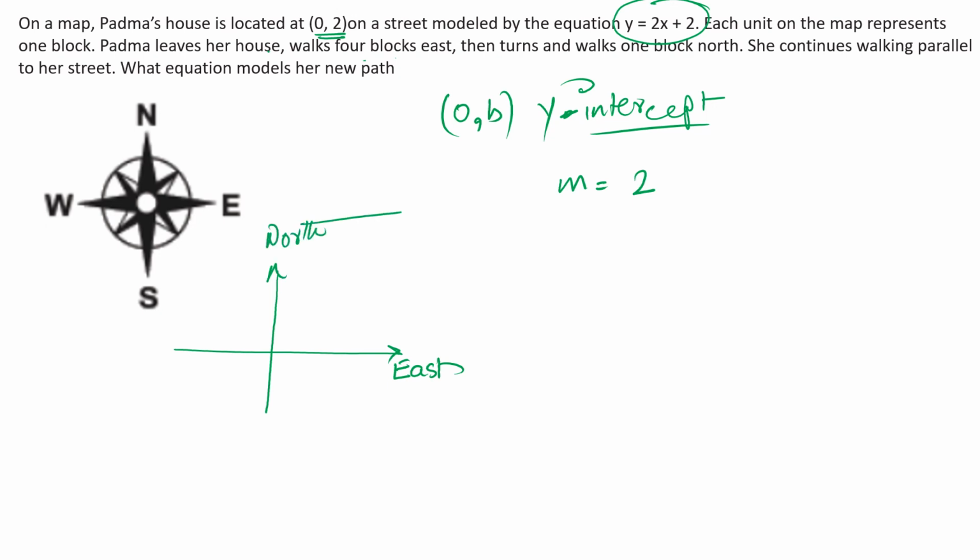So Padma is walking 4 blocks east, meaning 1, 2, 3, 4 blocks east and 1 block north. It means over here. Now she continues walking parallel to her street. Okay, now parallel to which line will she walk? For this line, y equals 2x plus 2.